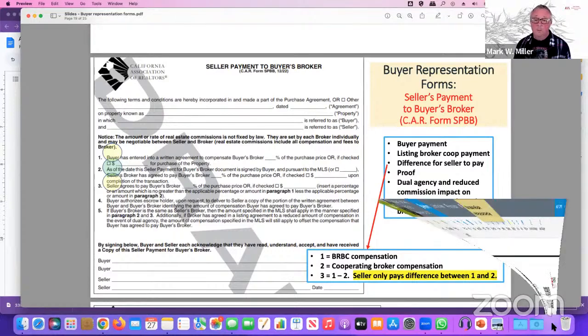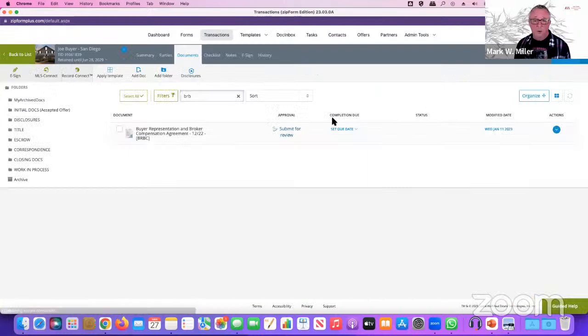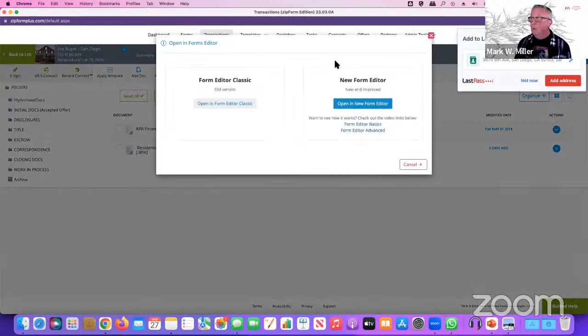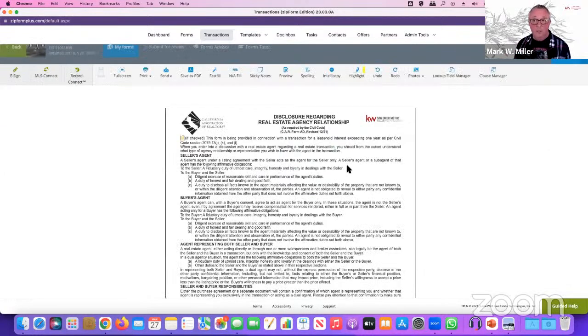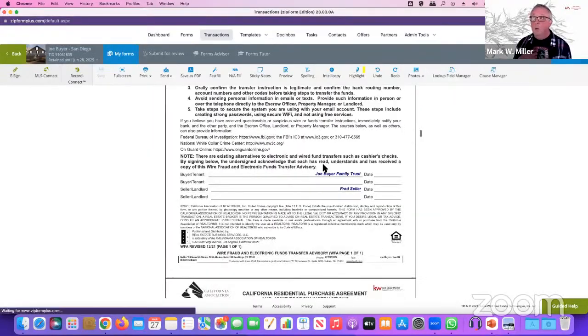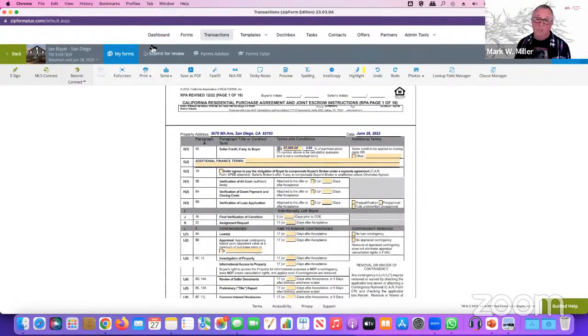However, if your buyer is very strong and maybe they're offering above asking, or all cash, that makes their offer more desirable, and the seller hasn't received any other offers as desirable as that one, the seller might say, that's a really good offer and it's for a good price, I'd be willing to pay that extra 0.5%.